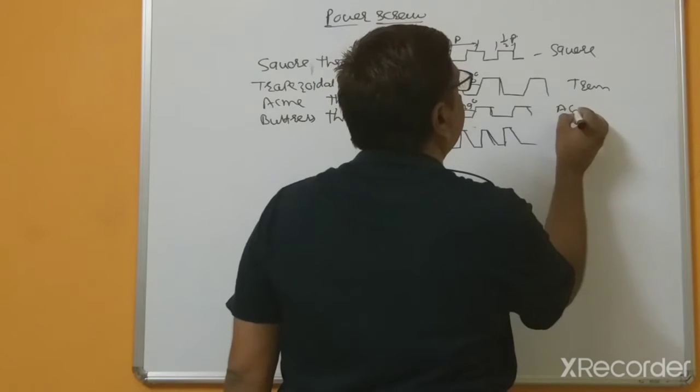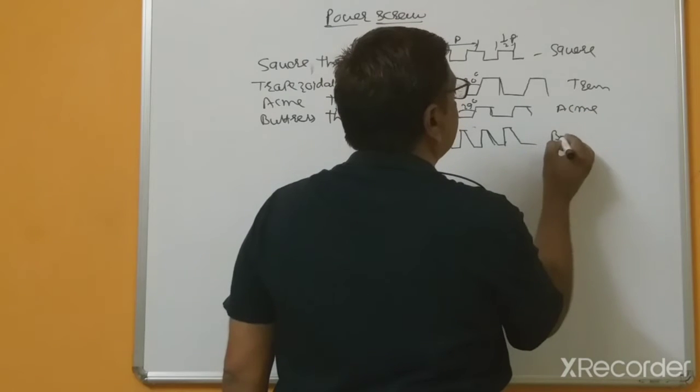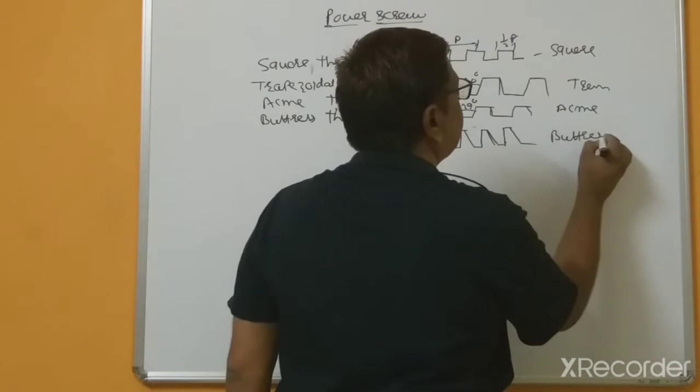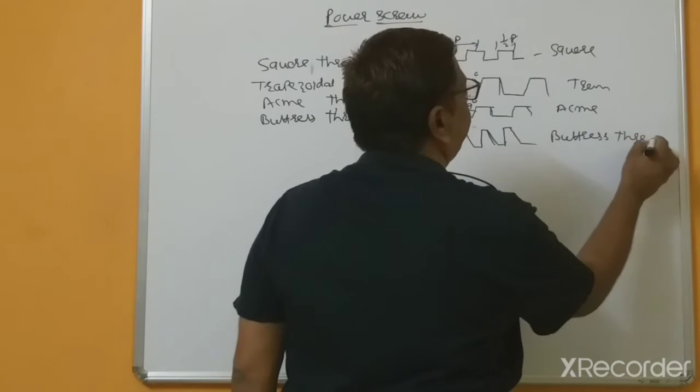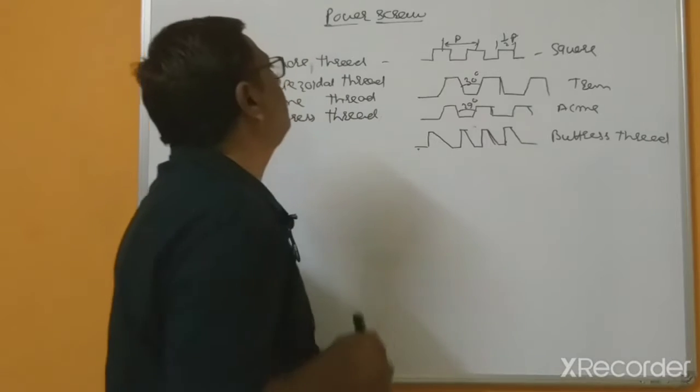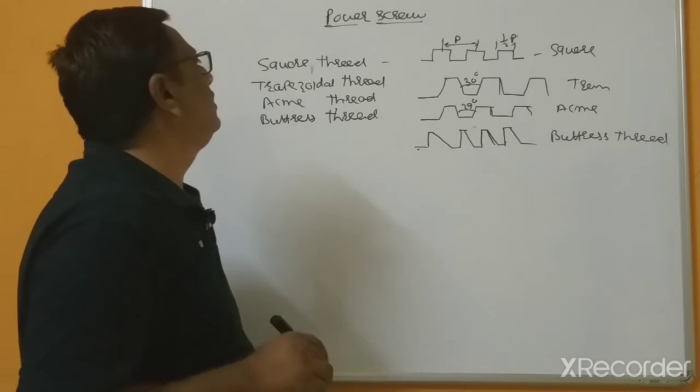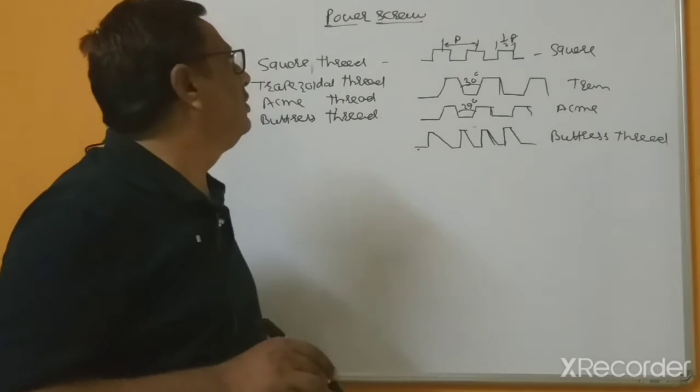This is the Acme thread and this is the buttress thread. So these are the four types of threads that can be used in power screws.